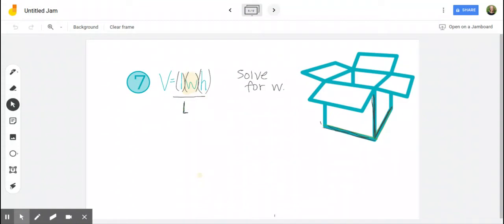If I divide on one side, I have to divide on the other. Okay, so now we have V over L. Your L's cancel out and you're left with WH.